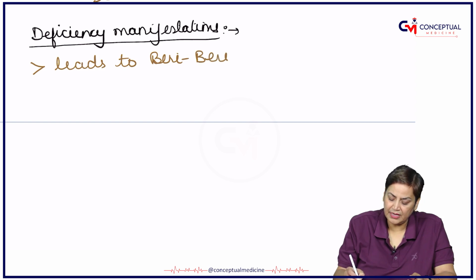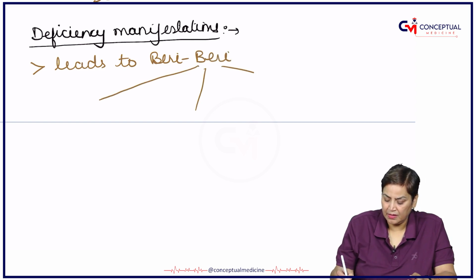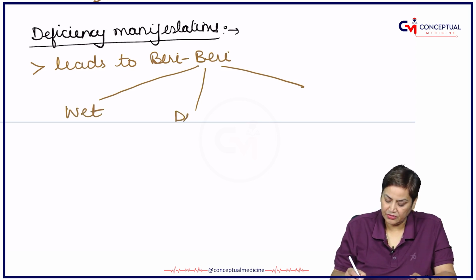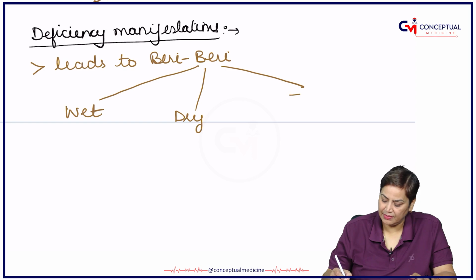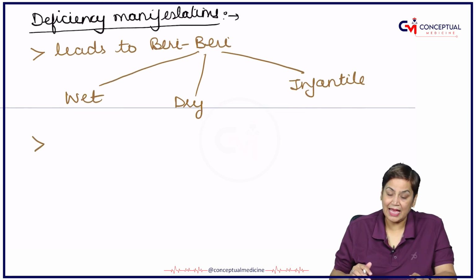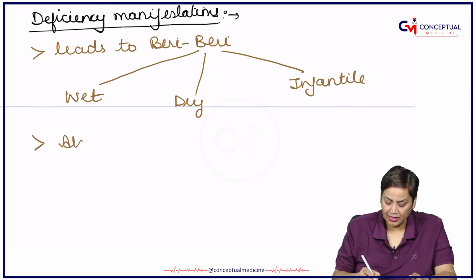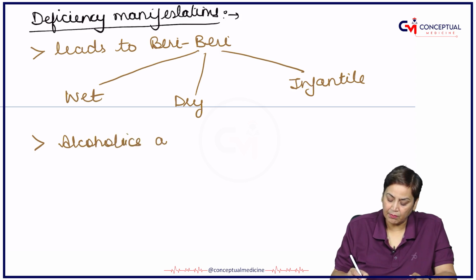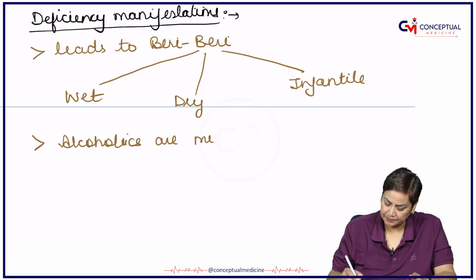Now this beriberi can be wet, it can be dry, and it can be infantile beriberi. And the second important thing is that all the alcoholics are more prone to this.